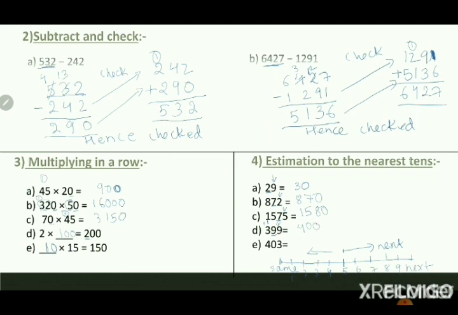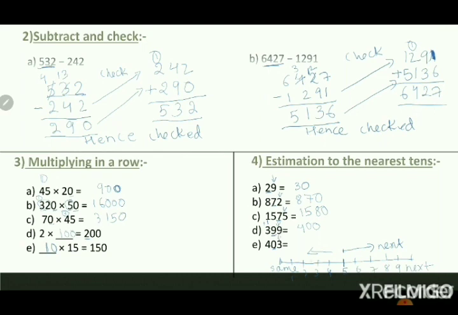So 399, when we are rounding or estimating it to the nearest tens, it becomes 400. 400 is nearer than 390, isn't it? So it is 400.